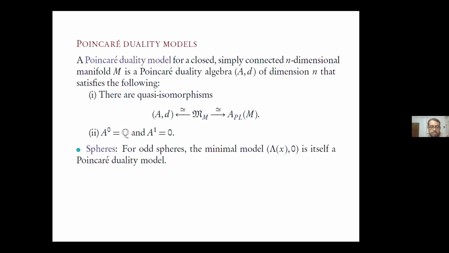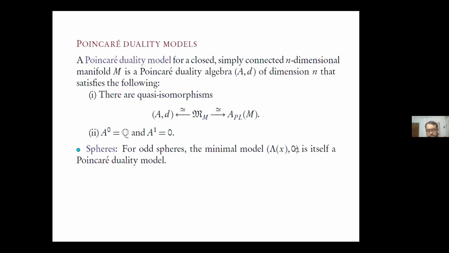If you look at the odd spheres, for example, the minimal model, remember, was a free graded commutative algebra on one generator in odd degree, and the differential was 0. So this is basically Q in degree 0 and Q spanned by x in degree k, where k is odd, and that's it.